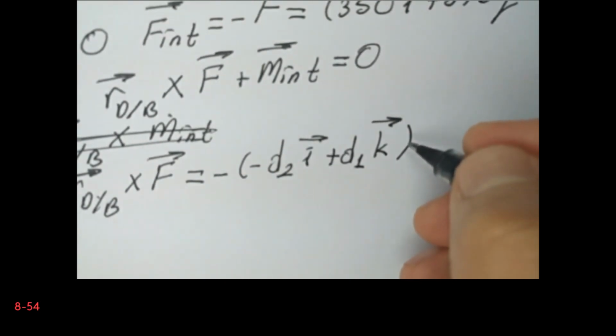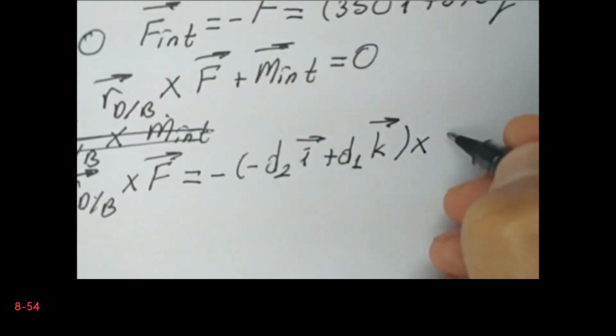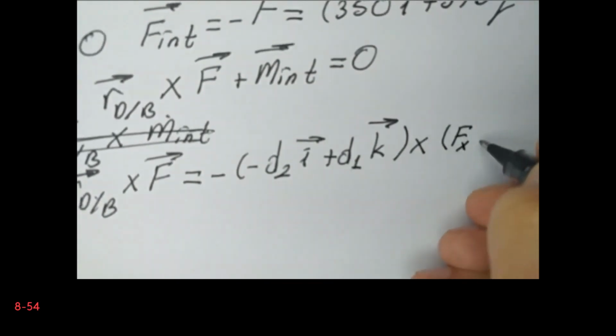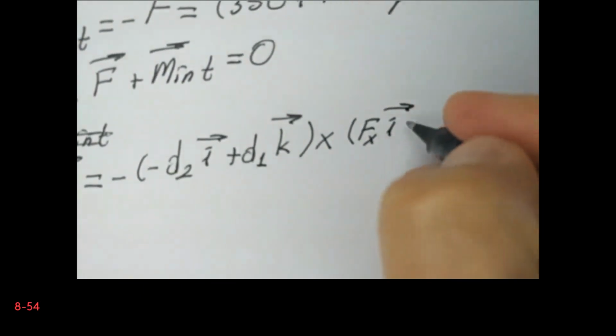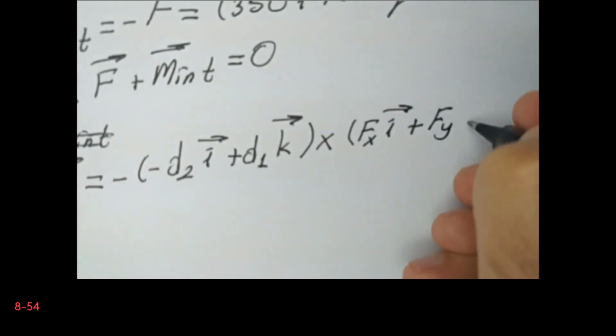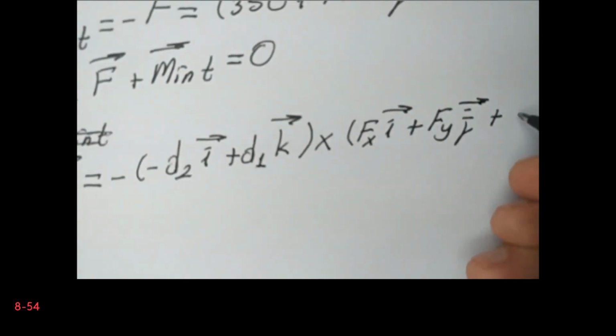And then the vector multiplication of it with the force: x component of the force, plus y component of the force, plus z component of the force.